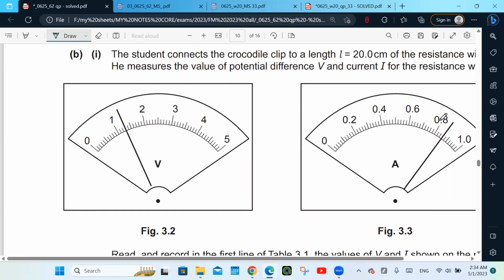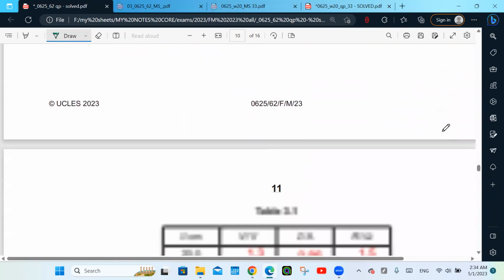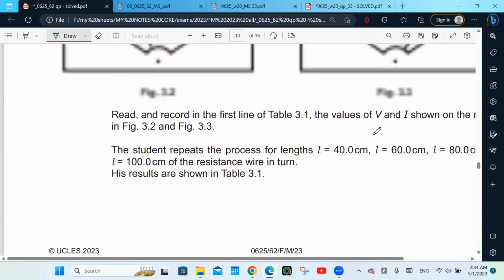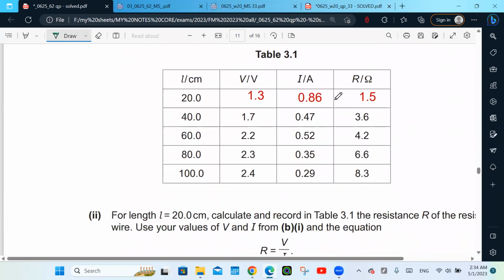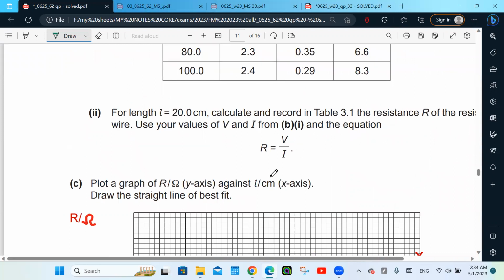And the current here is 0.8, 0.9, okay, this is 0.9, so the current will be 0.86 because this is 0.82, 0.84, and this is 0.86, 0.88, and this is 0.9. So one division represents 0.02. Okay, so the resistance can be calculated by using Ohm's law, R equals V over I.